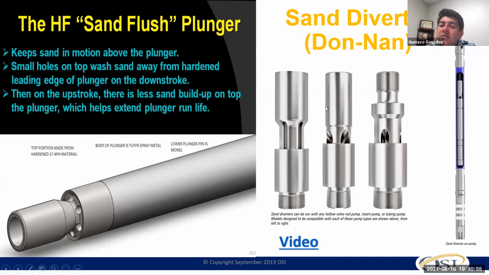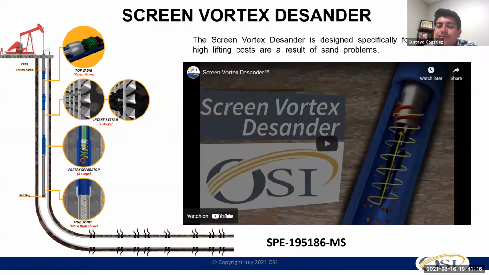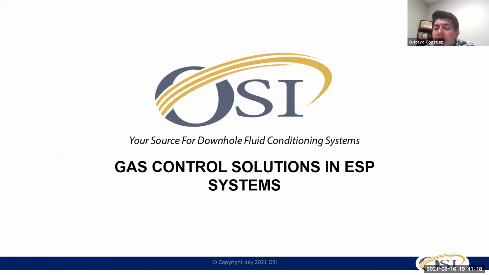But again, it doesn't mean this is your sand control system. This is just a management system. It's something that is going to help you extend the runtime and complement whatever approach you use underneath the pump. It's just an additional resource you can take to improve production.